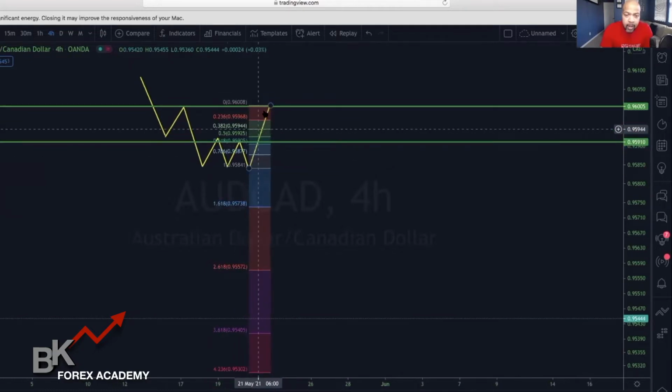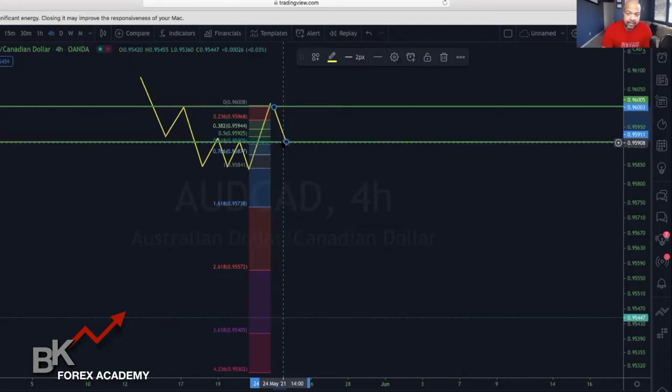So what we would do is say, hey, I'm going to do a sell limit right at this point, and we are going to sell all the way down to this level. Now, this level, like I said, it lines up with our retracement tool, but it also lines up with our previous resistance area right here. So that will be considered a reversal entry for using our Fibonacci retracement tool.